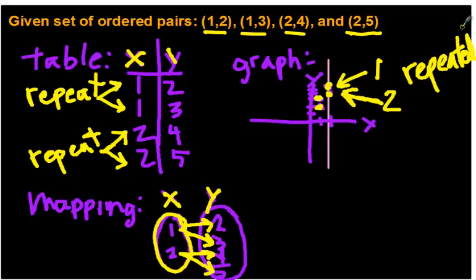That means that there's the same x with two different y values. Anytime this occurs, this is when we have a situation that is a non-function.